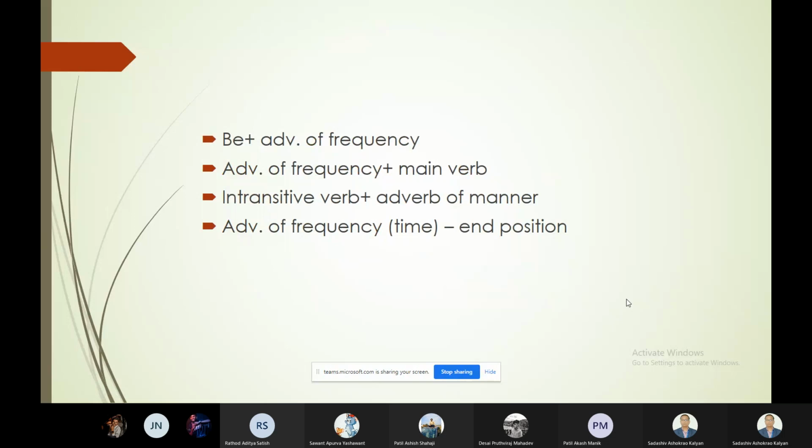Be plus adverb of frequency plus main verb, transitive verb plus adverb of manner. Adverb of frequency, that is the time, plus end position. So this is the structural part of the adverbs related to the various kinds of sentences.